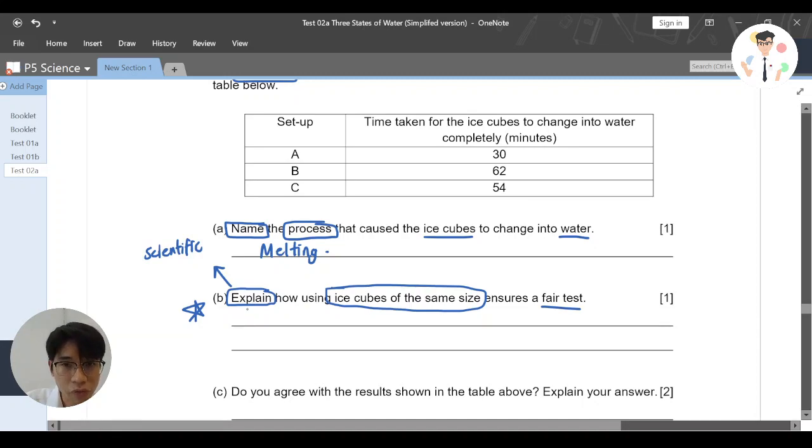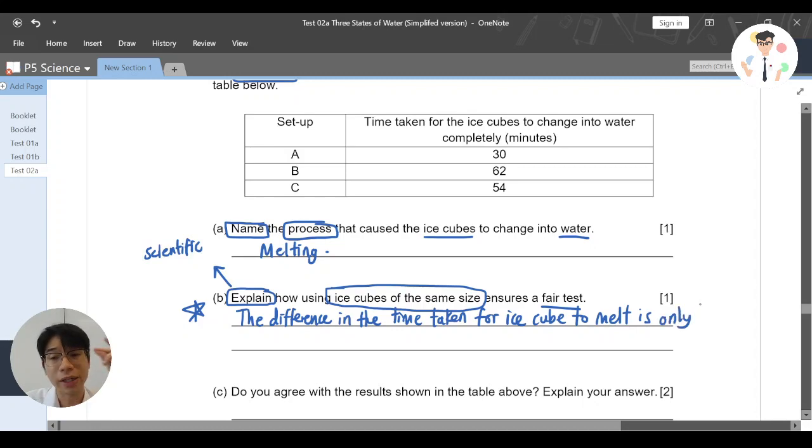So you can say that the difference in the time taken for ice cubes to melt is only due to the number of plastic bags.